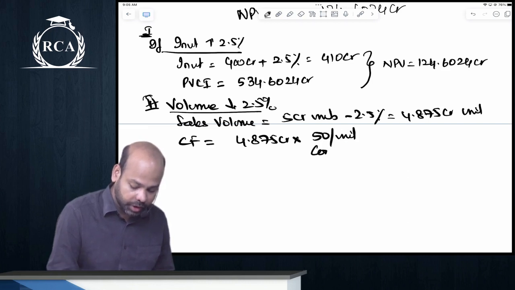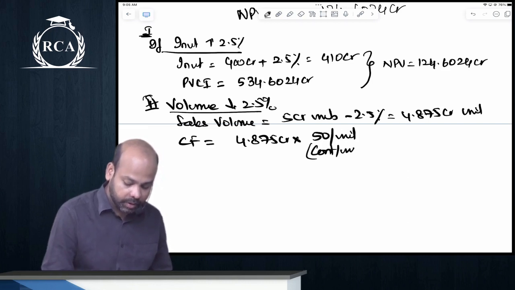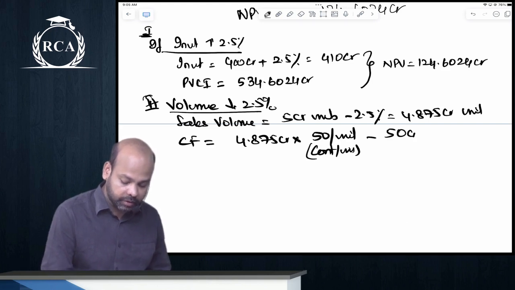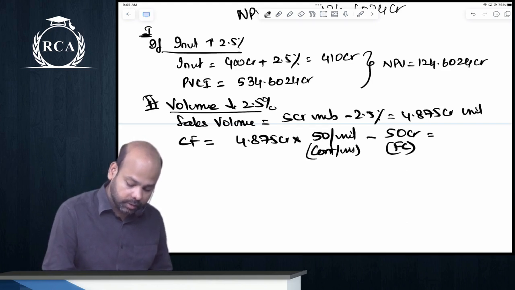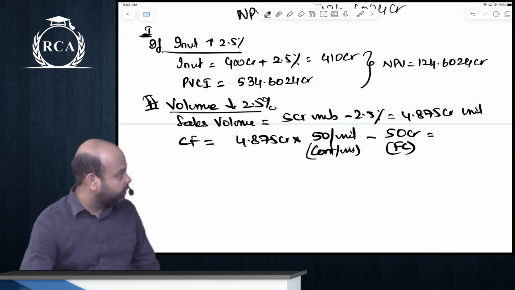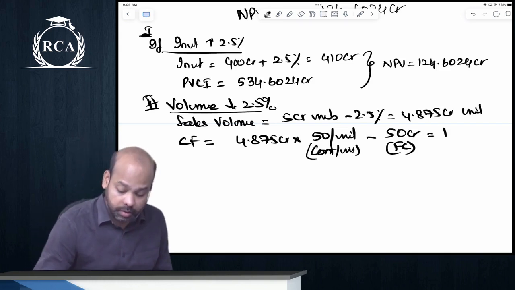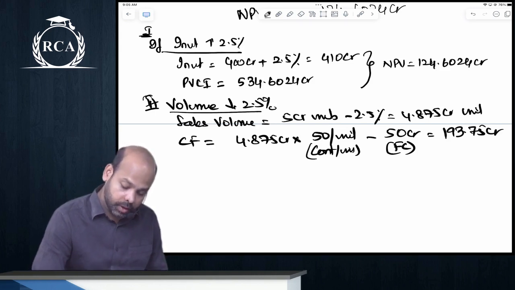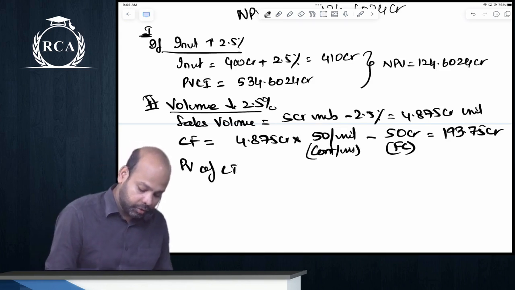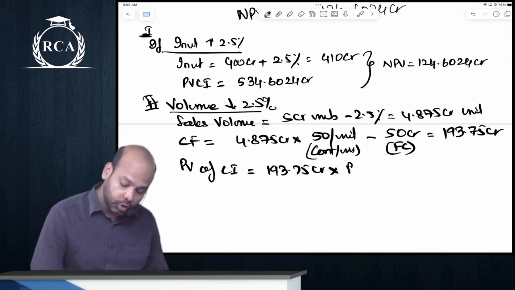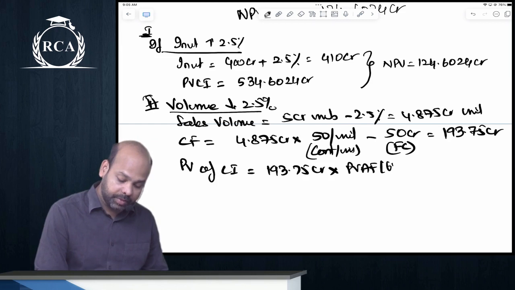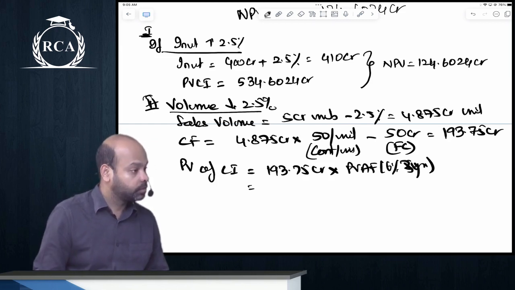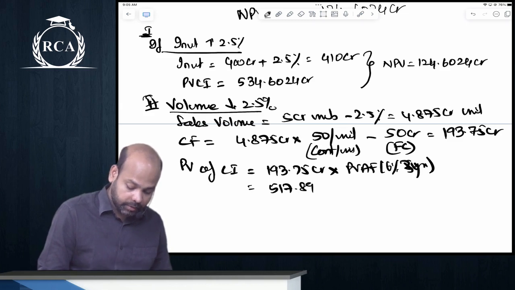ये अपना contribution है because that is not changing. Minus 50 crores fixed cost. चलेगा ना? दौड़ेगा सर. How much is this cash flow? 193.75. Present value of cash inflows beta would be 193.75 crores into PVAF at 6% for 3 years, 517.896 crores.